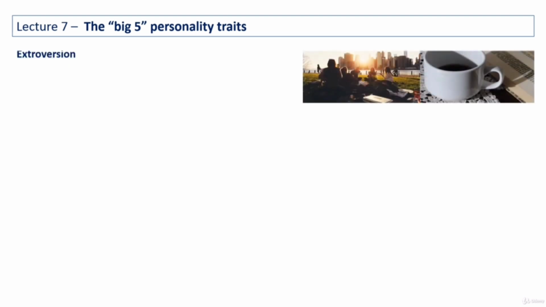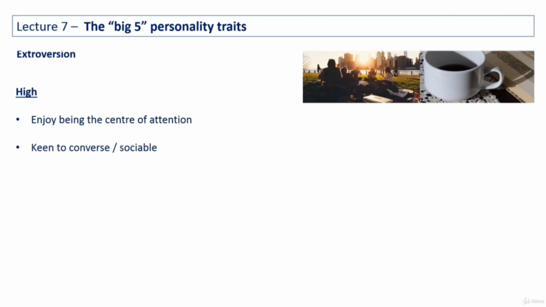Moving on now to extroversion, and we're going to go into more detail on extroversion in a later lecture because I think it's so important. But for now, I'm just going to do what I've been doing before, which is to go through the characteristics of somebody who is high in extroversion, and of course, the characteristics of somebody who is low in extroversion. So starting with high, if somebody is high in extroversion, they tend to enjoy being the centre of attention.